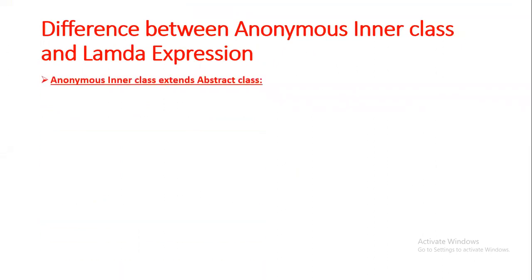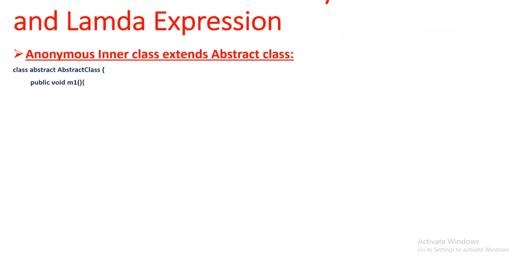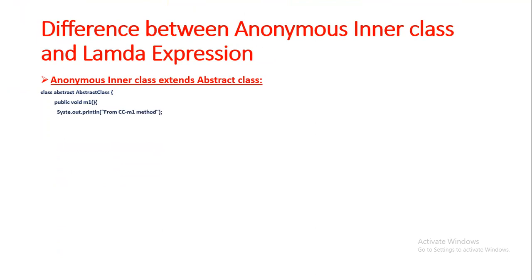So the second point: an anonymous inner class can extend an abstract class. But what about a lambda expression? No, not possible. Can we write lambda expressions for an abstract class? No. See, I have taken an abstract class, and it has two methods: one method is concrete, one method is abstract.